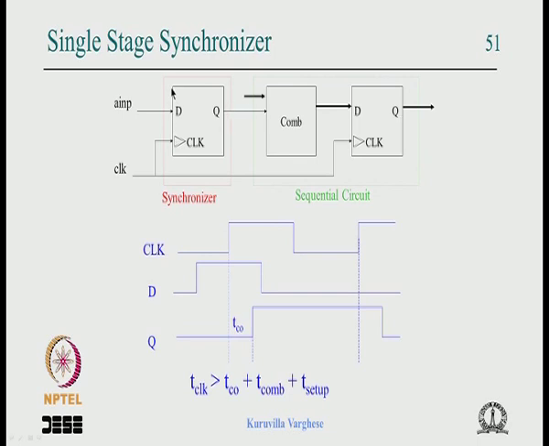What we do is that we put a D flip flop, connect that asynchronous input to the D of the flip flop, and take the Q and give it to this particular combinational circuit. So this is the target sequential circuit or data path. This is the synchronizer, we call it a single stage synchronizer because there is only one flip flop.